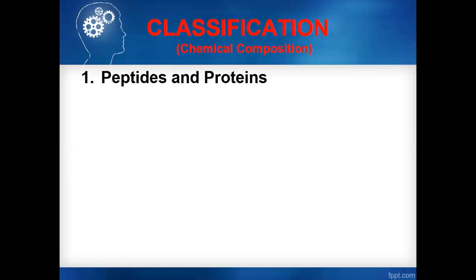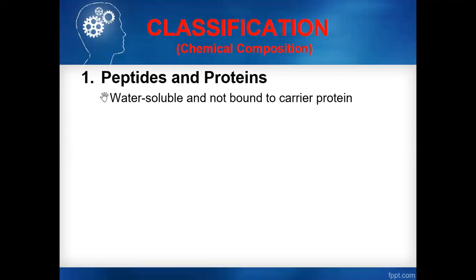It may be a peptide or a protein. Generally, peptide and protein hormones are water soluble, and when secreted into the circulation, being water soluble, they are not bound to any carrier protein.